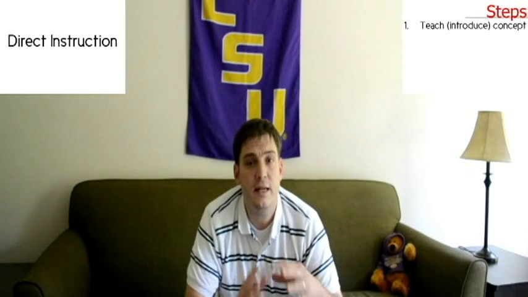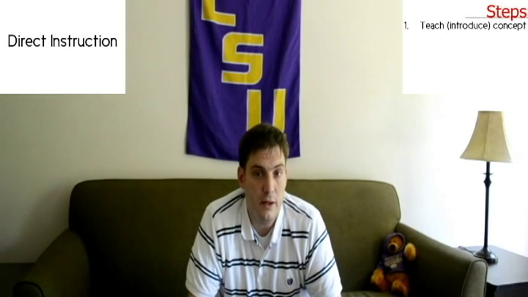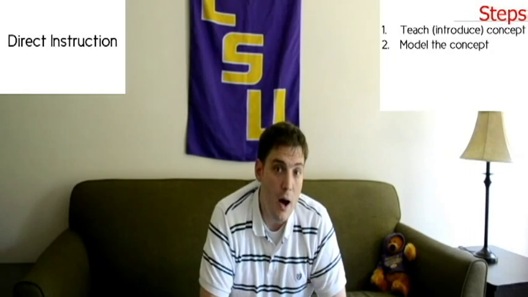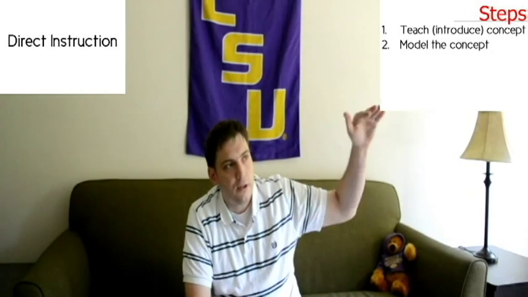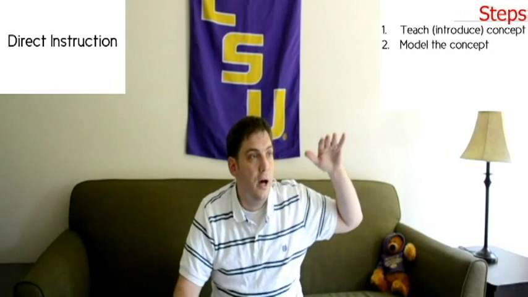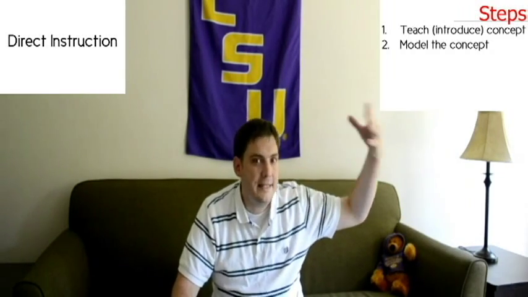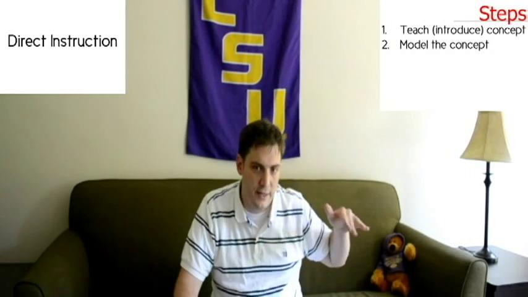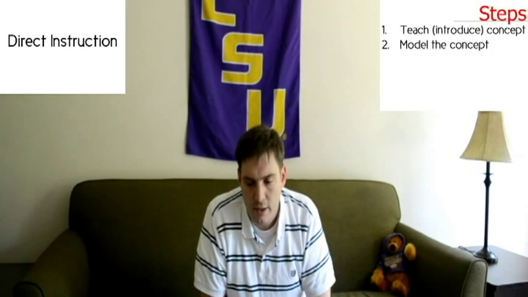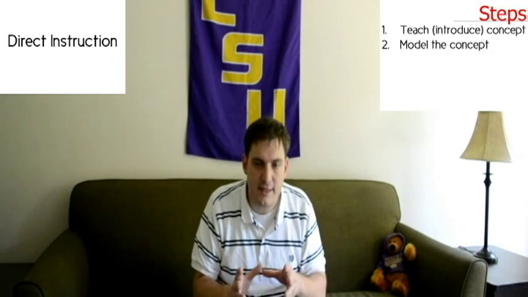So the first step is the teacher teaches the skill. The second step, the teacher models the skill. The teacher walks through, maybe does a think aloud strategy where they specifically state every aspect of the steps that are associated with that concept. So the first step, they teach it. The second step, they model it.